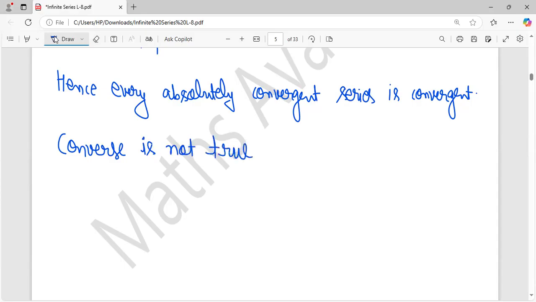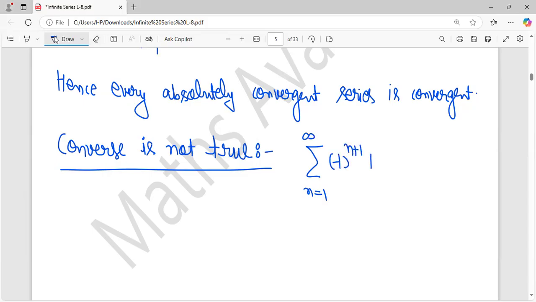Take this series: summation n goes from 1 to infinity, minus 1 to the power n plus 1 upon n. This sum is log 2.